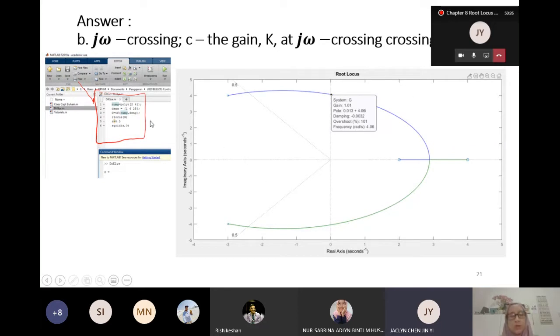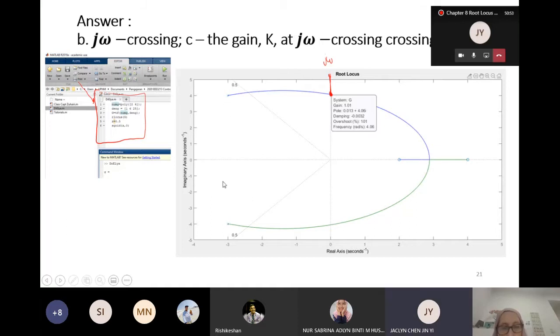For the root locus here, for part b, the j omega crossing, we already know that the j omega crossing is where the root locus passes through the imaginary axis. Before that, this is the sketch of the root locus. We have two zeros here and two poles.